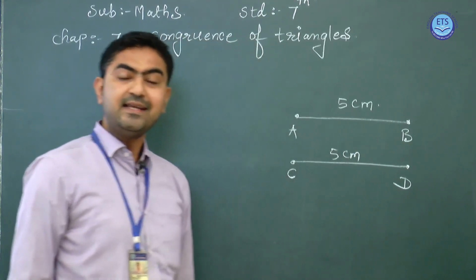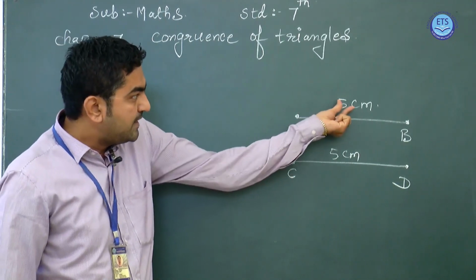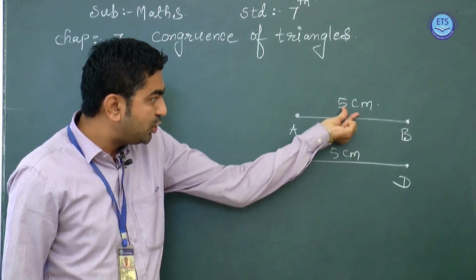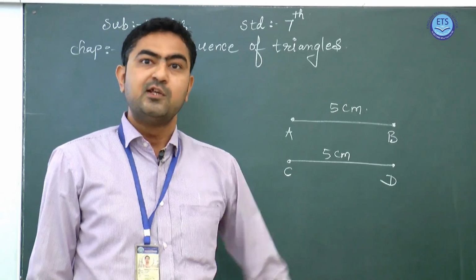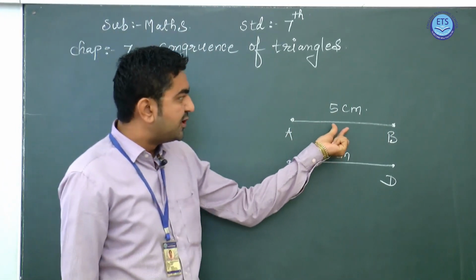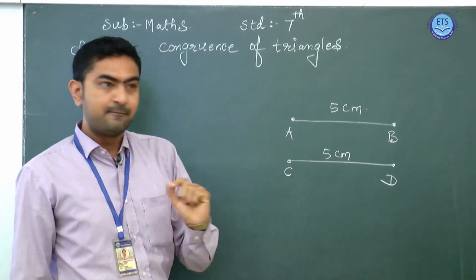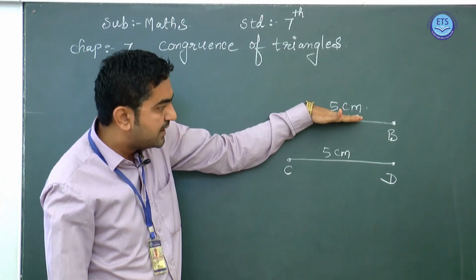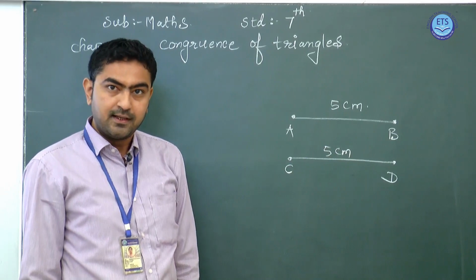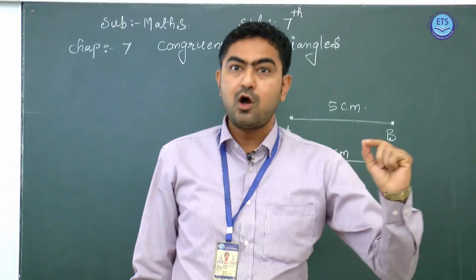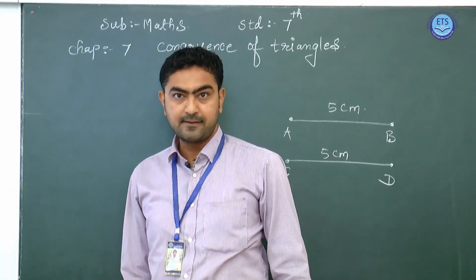Now you can easily see that both line segments have the same measure. So in that condition you can easily say that line segment AB and line segment CD are congruent. This is the meaning of the word congruence.